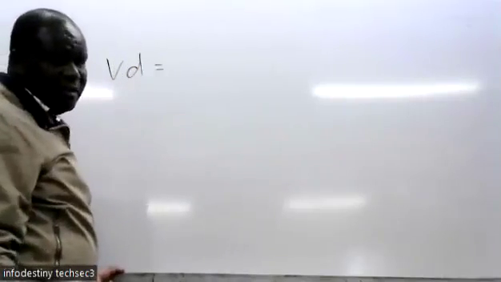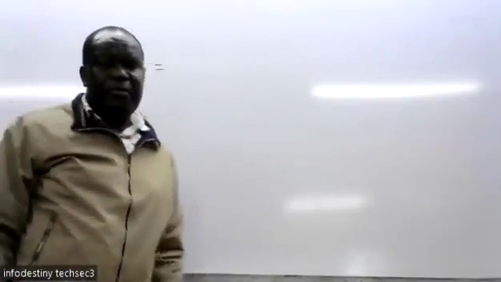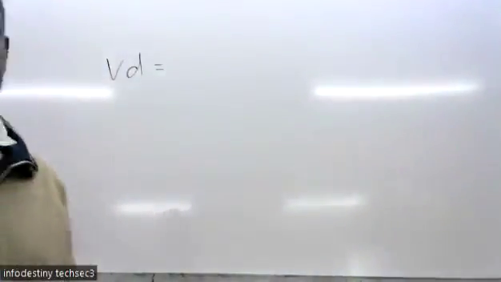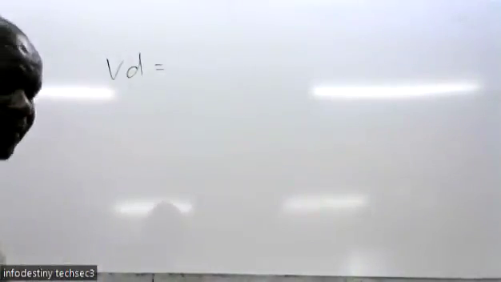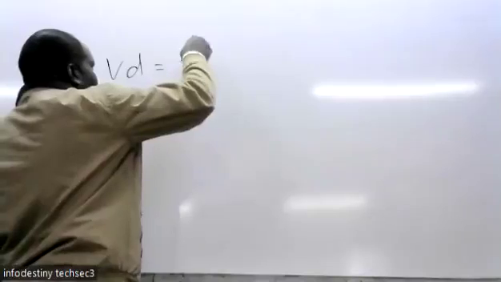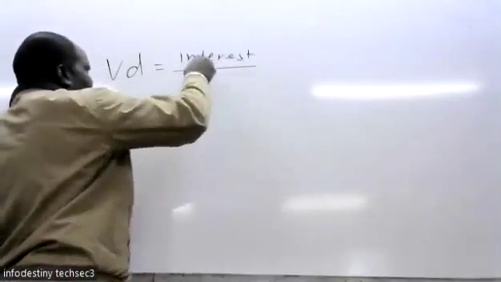To get the theoretical value of the debenture, it will simply be equal to interest divided by KD.